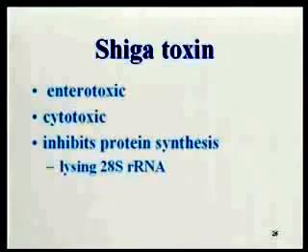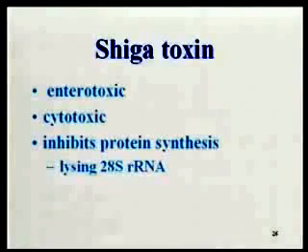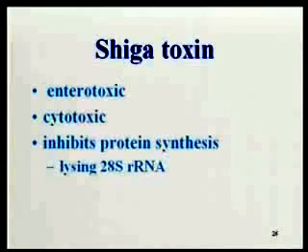I haven't done this with your particular group. It's just reminded me of something. If you ever see a term like entero or cardiotoxic or neurotoxic or anything like that, you have to be talking about an exotoxin. You're not talking about an endotoxin, because endotoxins have widespread activity on large parts of the body, on lots of different types of cells.